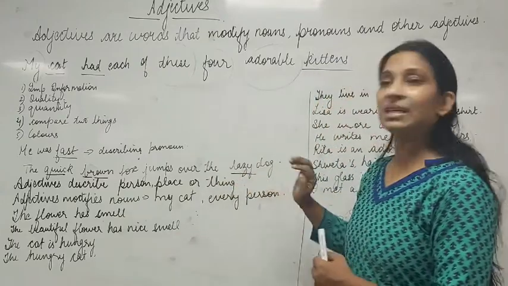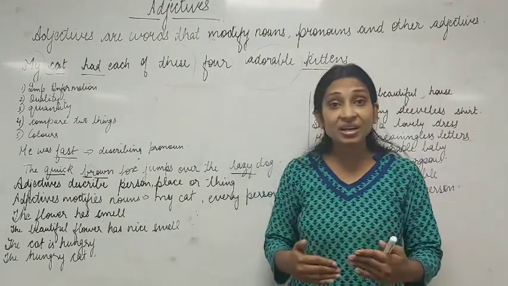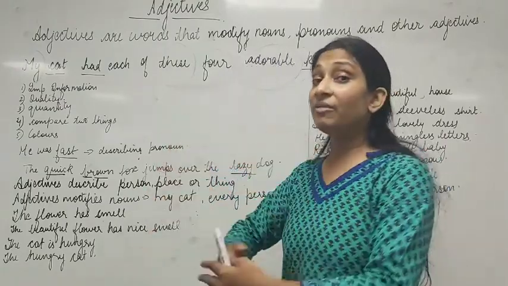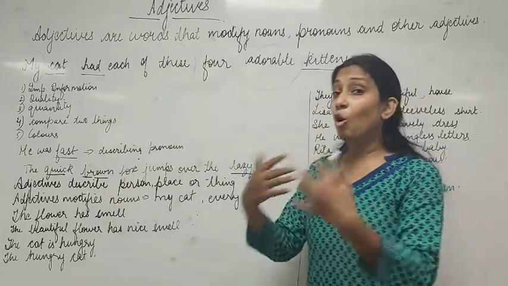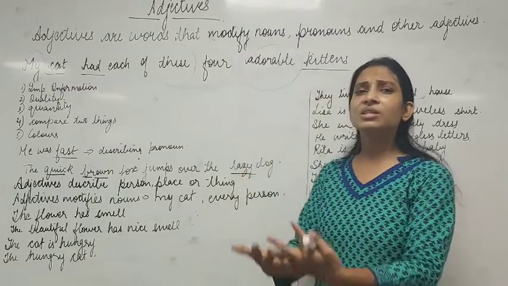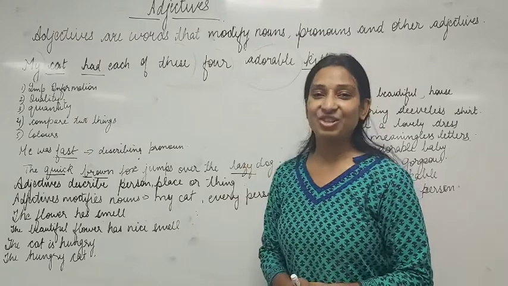Okay, so lazy, again a quality of the dog. So we use adjectives in our daily lives, so many adjectives, when we are giving important information, when we are telling the colors, when we are telling the quantity, when we are telling the quality. All these words which perform this task are known as adjectives.